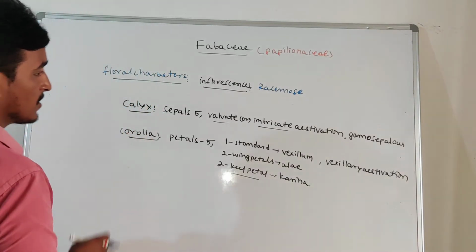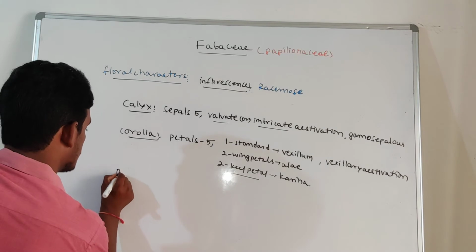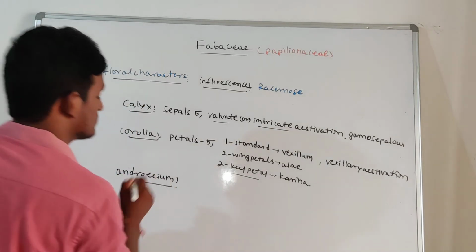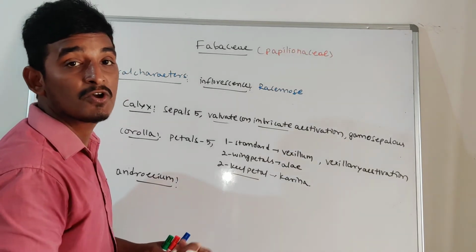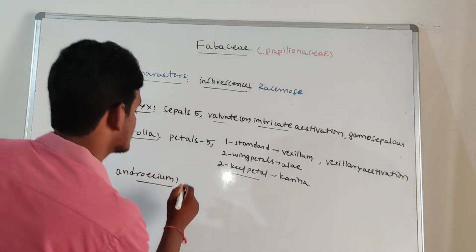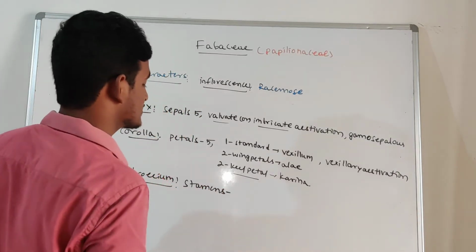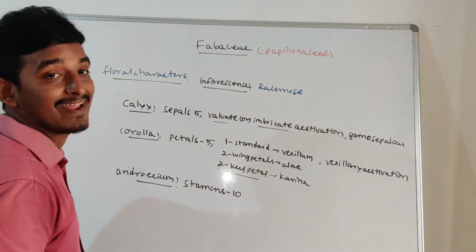After the corolla, later we will discuss the androecium. In the androecium, we start with the stamens. The total number of stamens is 10.